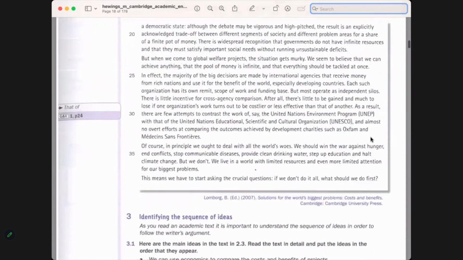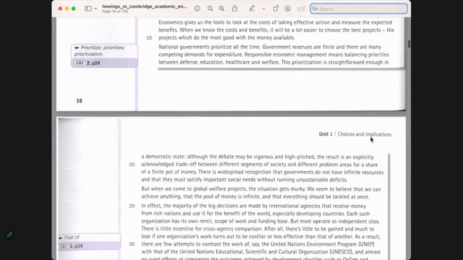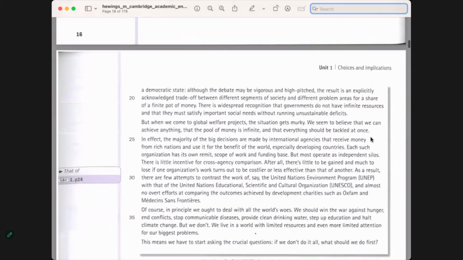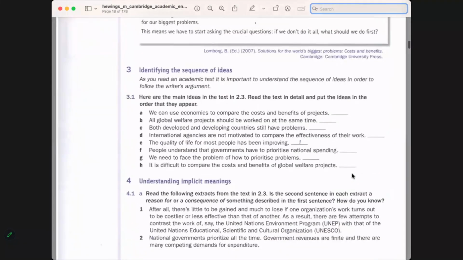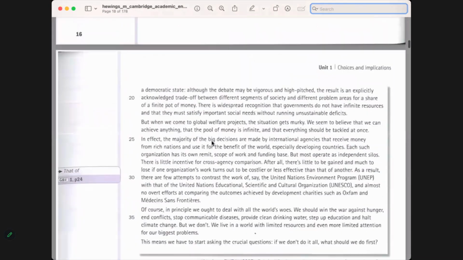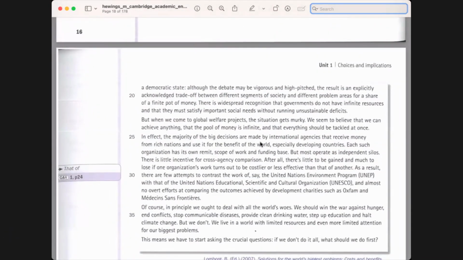Okay, so let's look through. So, and what about this one?